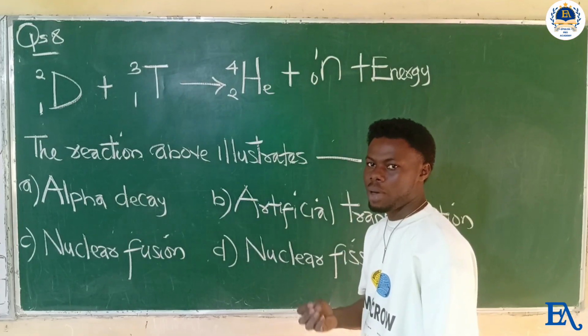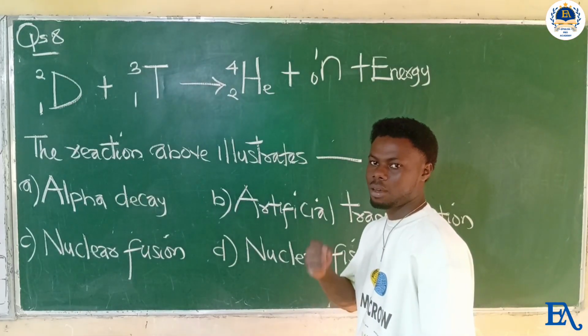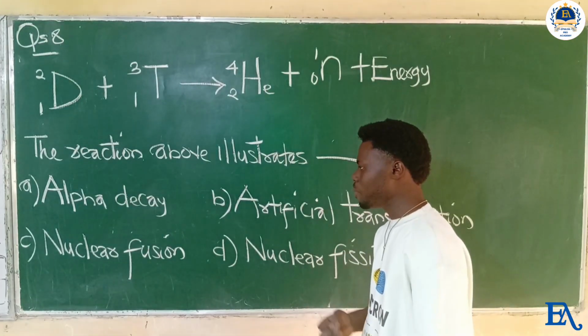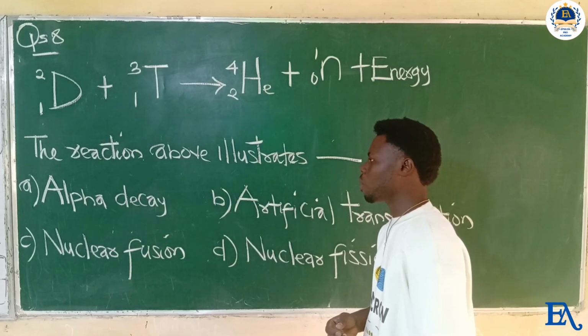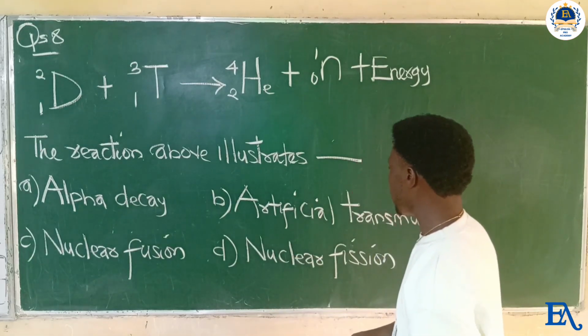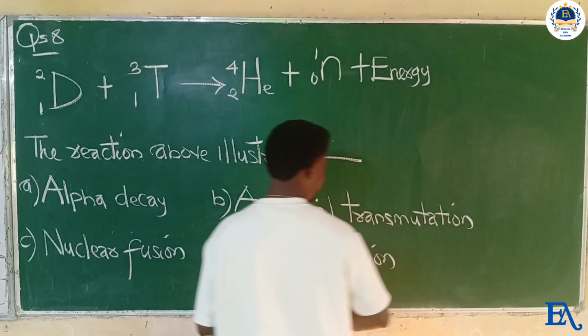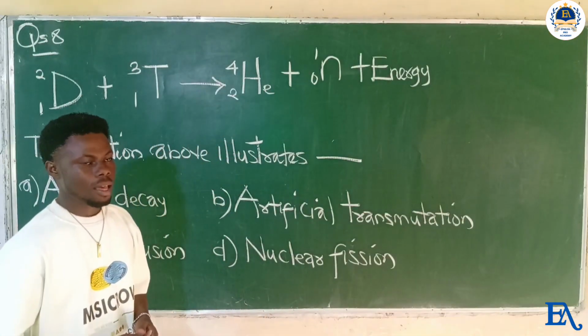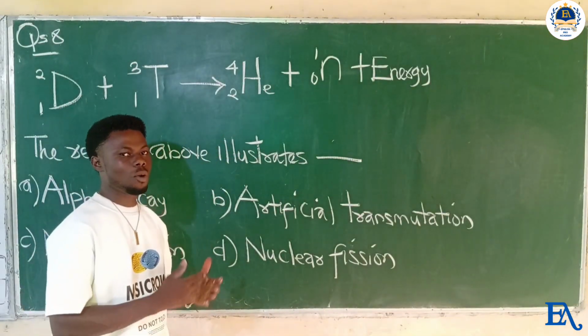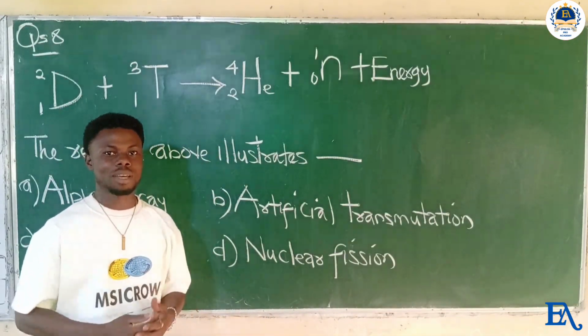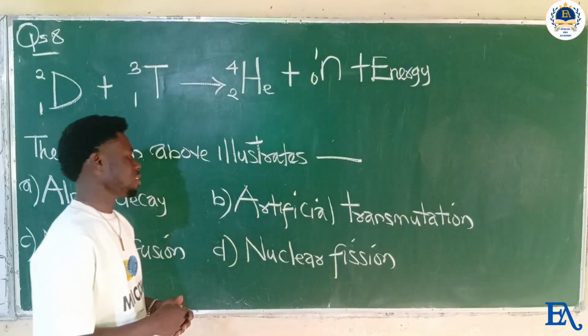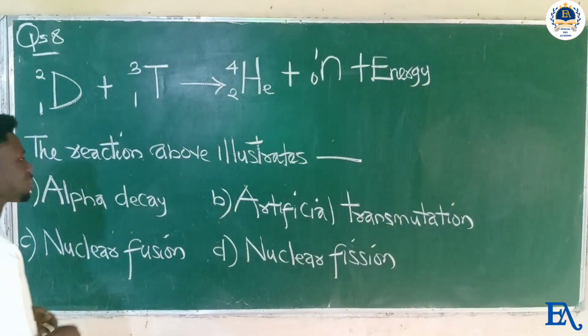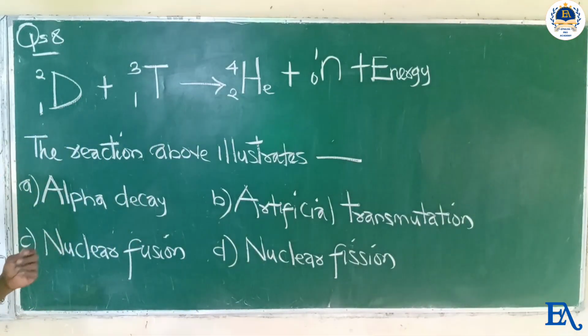Heavy unstable elements emit alpha decay. So option A is not the right option. Option B is artificial transmutation. Artificial transmutation is when one element changes to another element by bombardment. So this reaction is not in accordance with option B. Option B is not the right option.